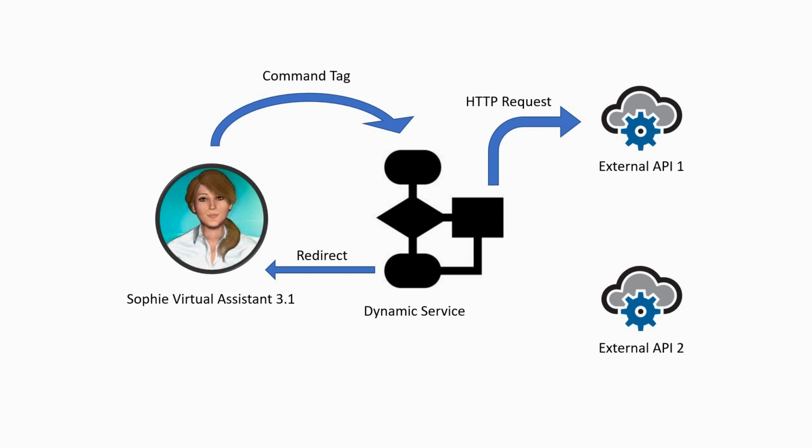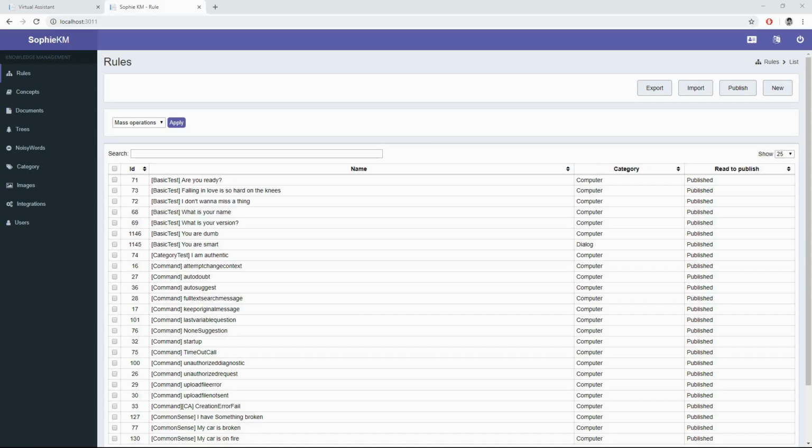For this tutorial, I will attempt to integrate Sophie with a Bitcoin API so that I can ask her for the current value of Bitcoin in US dollars at any given time. So first of all, I need to find a well-documented Bitcoin API. It shouldn't take long.